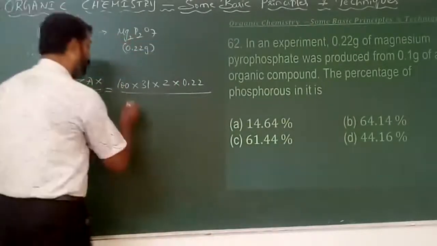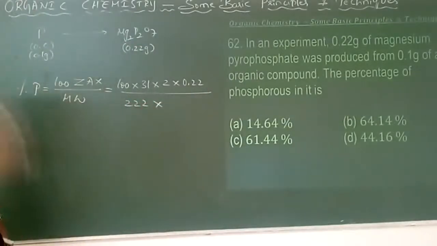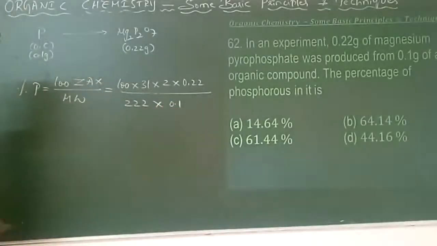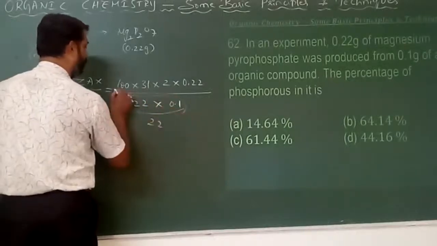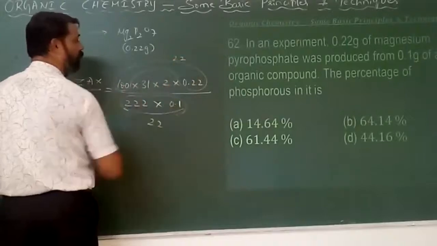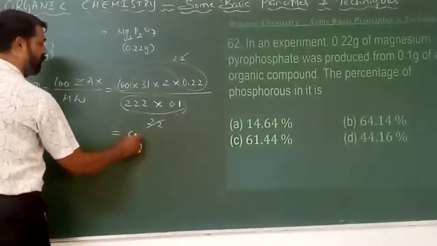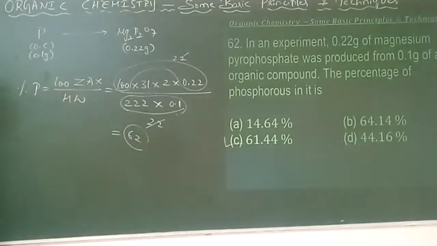If I simplify that, it is going to be 222. What is 222? It's the molar mass of magnesium pyrophosphate. W is the mass of the organic compound. So here it is actually 22, so this is also 22. 22 can cancel. 31 times 2 is 62. Then you see 61.44 is the percentage with respect to which one? The phosphorus present in the given organic sample.